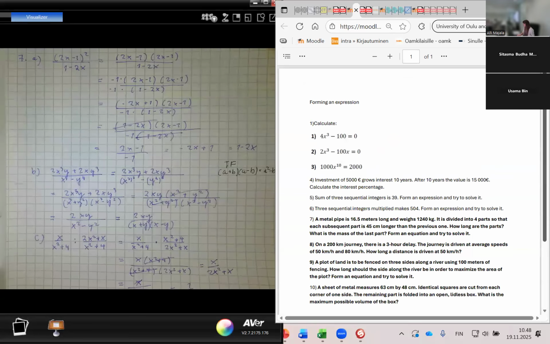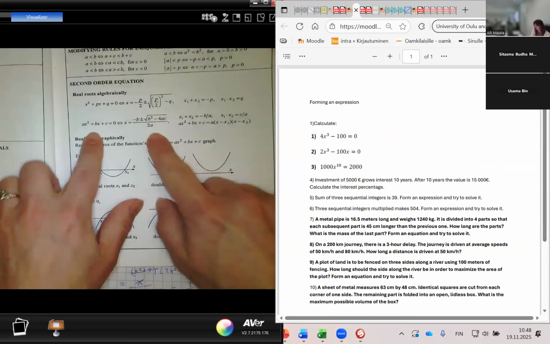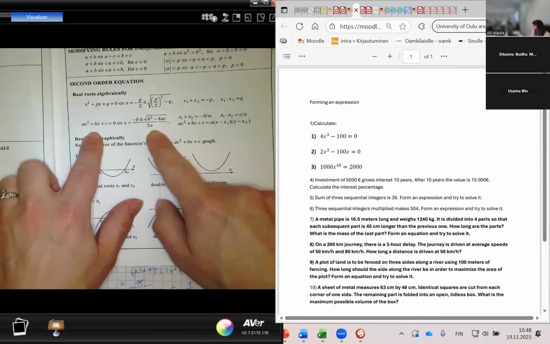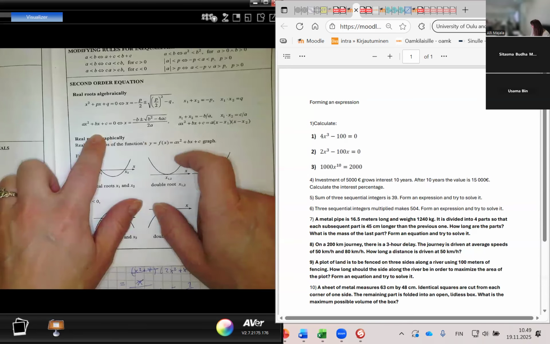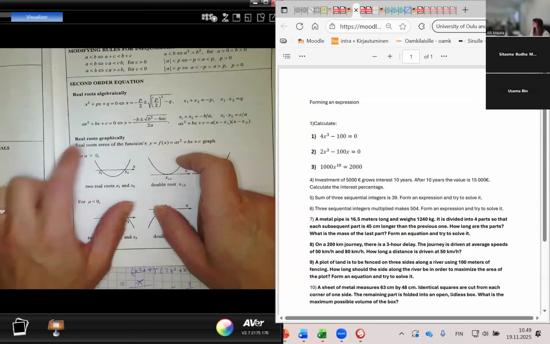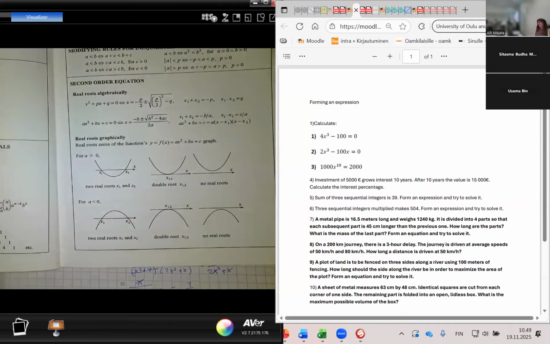Or would you rather derive the second degree equation? Does it make any difference to do that? Which one should we do first? Or should we just skip deriving the equation? For sure, somebody who was in high school did it, yeah?